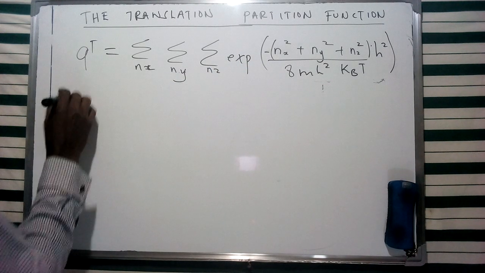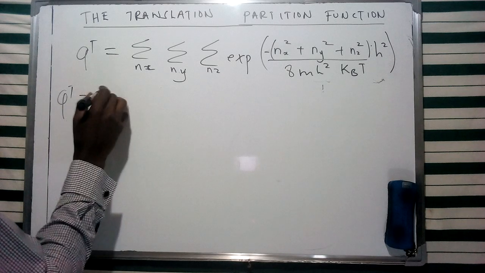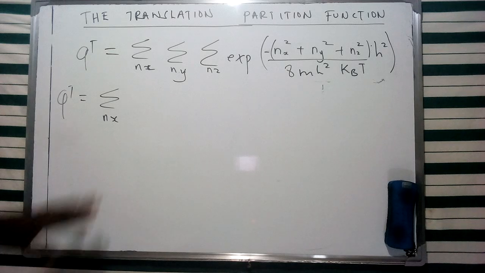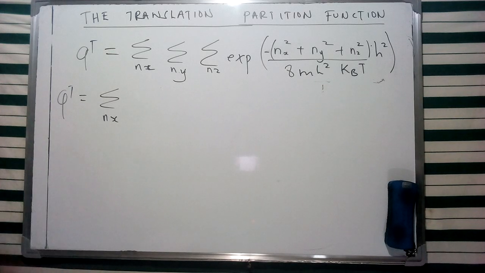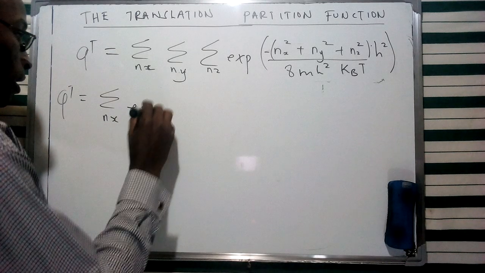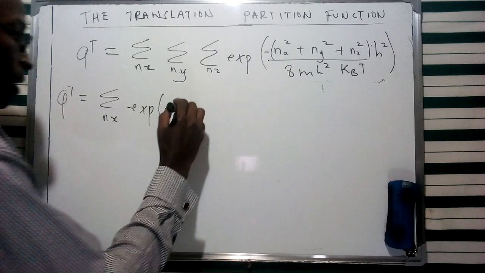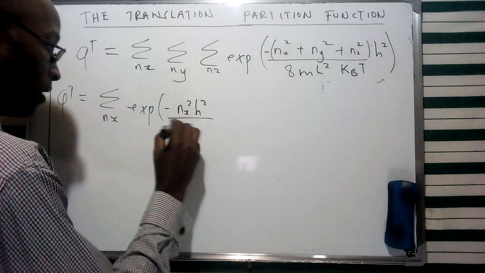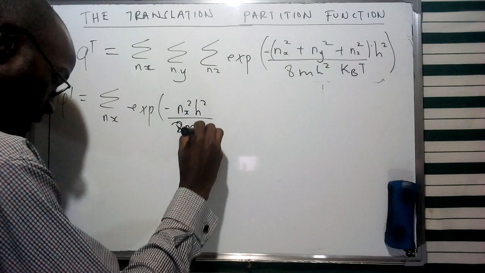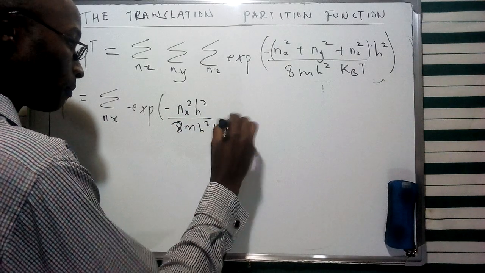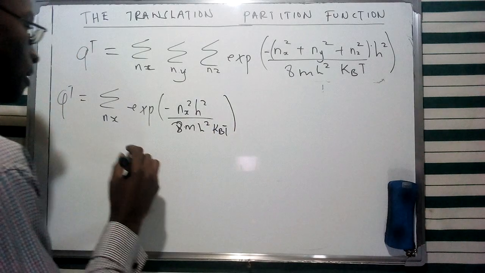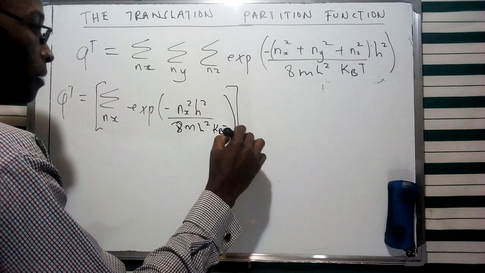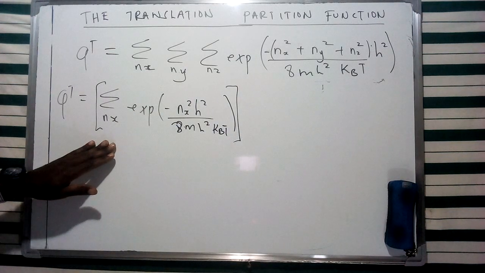And perhaps if this space is going to be enough, we can have the summation over energy of this specific component for the quantum number nx given as such, and then we're going to have the exponent negative nx squared h squared, and then this is all over 8 ml squared kT. And this is going to be replicated for the values of quantum numbers for ny and nz.